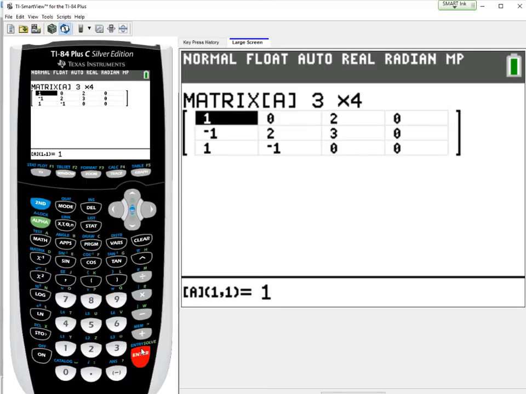Values are 1, 0, 2, -1, 2, 3, -5, 1, -1, 0 and 6.